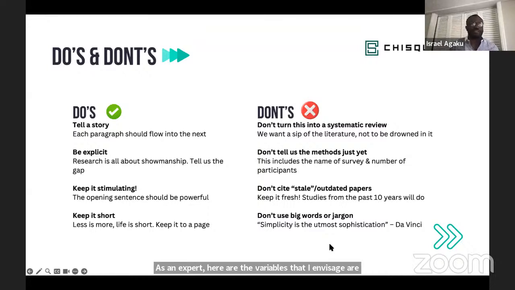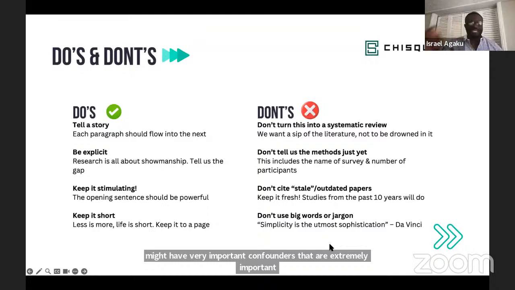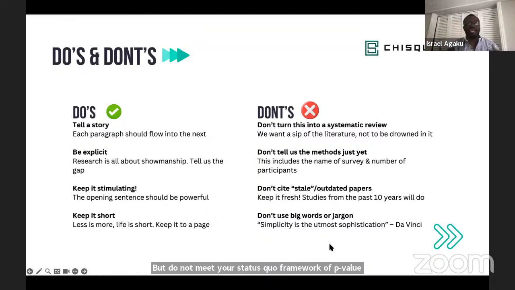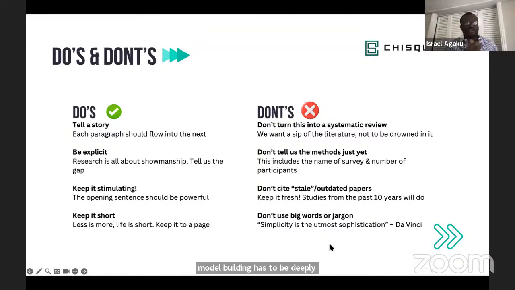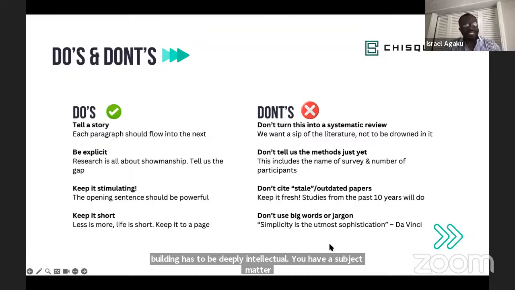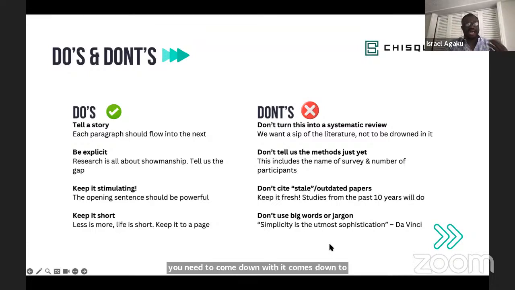You might have very important confounders that are extremely important, but do not meet your statistical framework of p-value less than whatever, right? This is why model building has to be deeply intellectual. It comes down to understanding what you're trying to assess and exploring based on the DAG or what other previous studies have identified as key confounders.